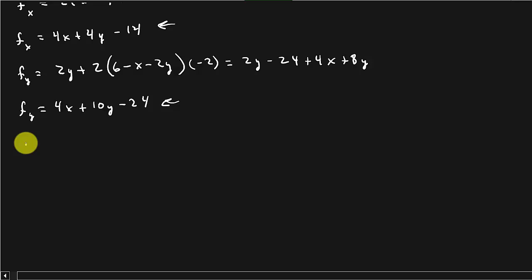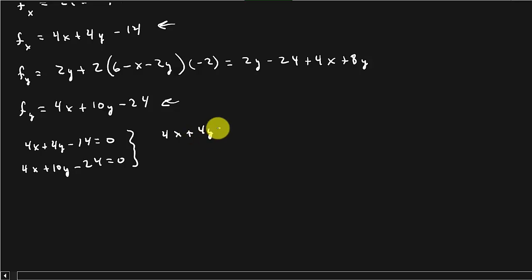So now we have 4x plus 4y minus 14 equals 0, and 4x plus 10y minus 24 equals 0. If you look at this, this is just a system of equations. 4x plus 4y equals 14, and 4x plus 10y equals 24. So you've just got a system of equations to solve.